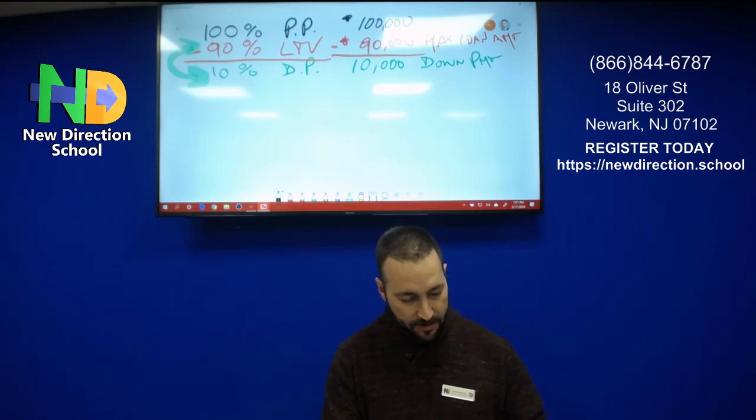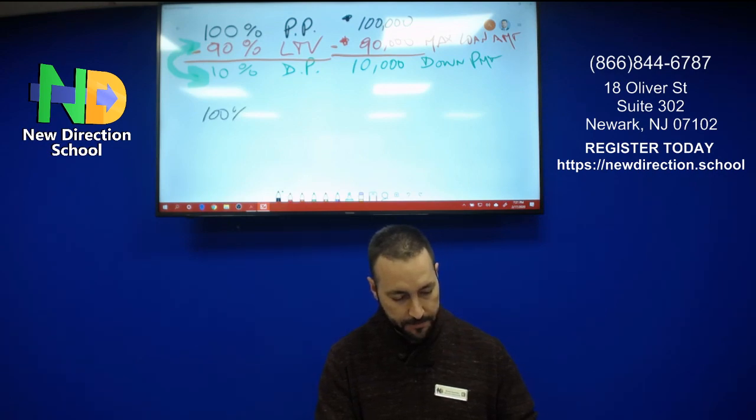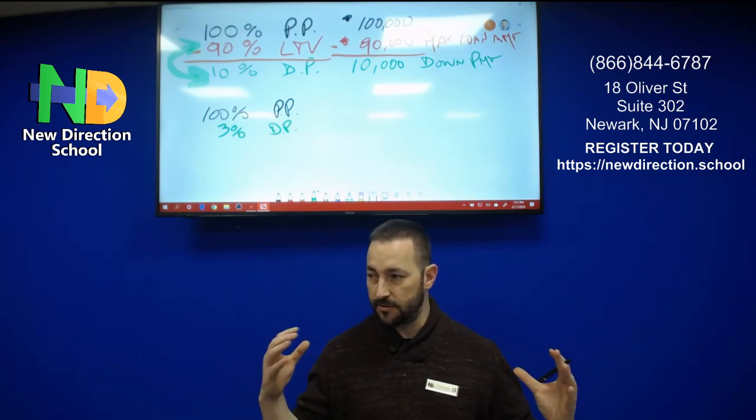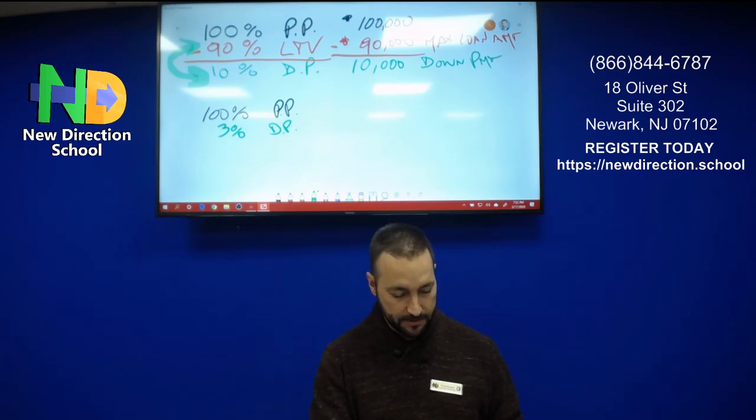It means that if I have 100% purchase price, and they tell you that you need to come up with 3% down payment. Notice that I'm doing everything color-coded so it's easier to recognize, right? So if they ask you for 3% down payment, well, then the loan amount is the difference, 97% LTV.